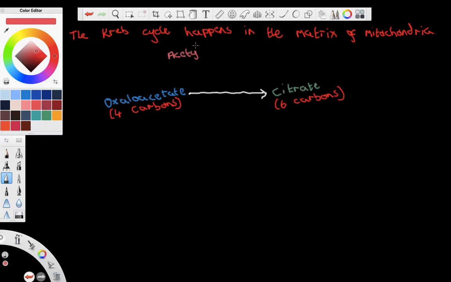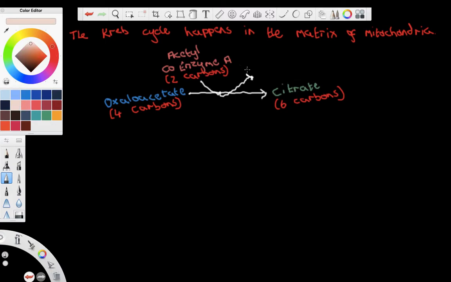So the acetyl coenzyme A has 2 carbons in it, and is fed into the Krebs cycle at this point. So we have acetyl coenzyme A being added to oxaloacetate to make citrate.